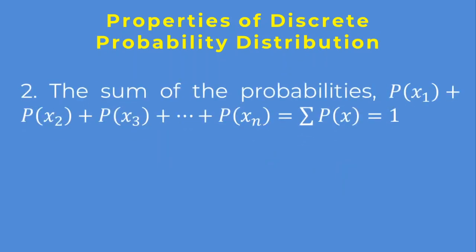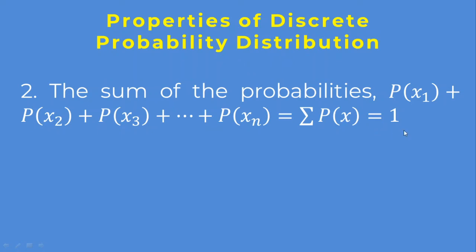The second property is the sum of the probabilities P of X sub 1 plus P of X sub 2 plus P of X sub 3 up to P of X sub n is equal to summation of P of X is equal to 1. So, ibig sabihin yan, lahat ng probabilities or ang sum ng probabilities dun sa discrete probability distribution must be equal to 1.